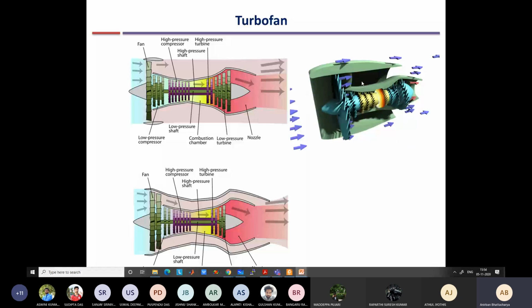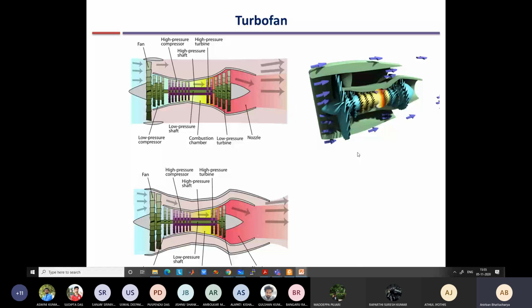So the combined average velocity at the exit is somewhere between 800 km per hour and 3000 km per hour. Because the mass flow rate in the outside section is much more than in the inside section, around 10 times, the average velocity is not very high. That is why I have put the average velocity as 1200 km per hour, some typical value.